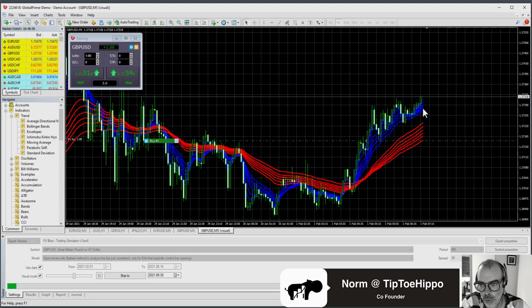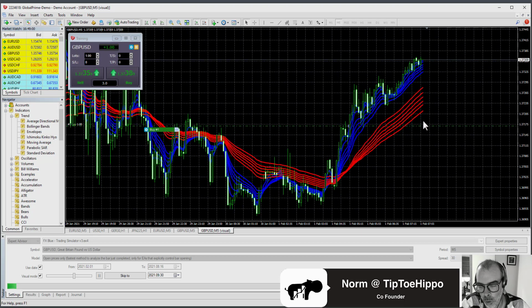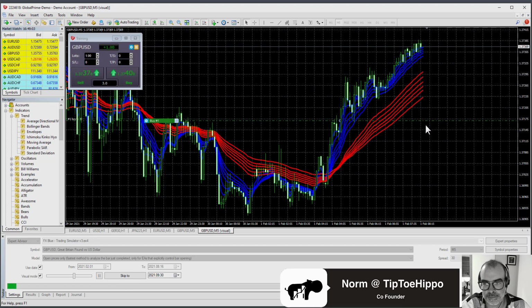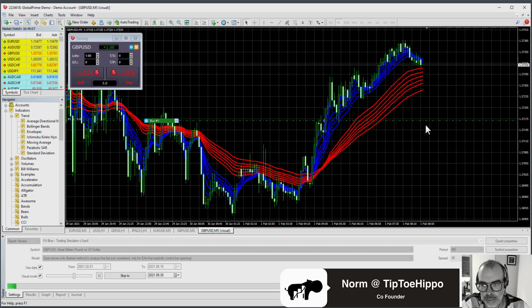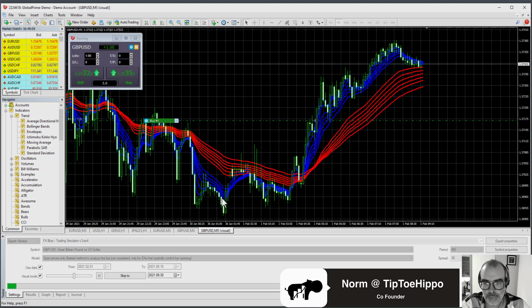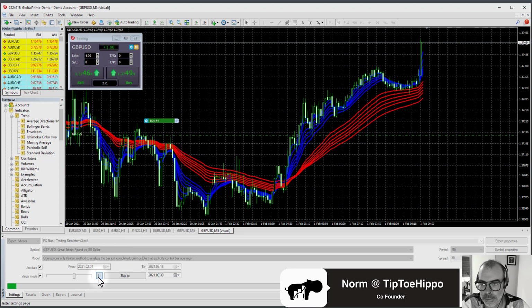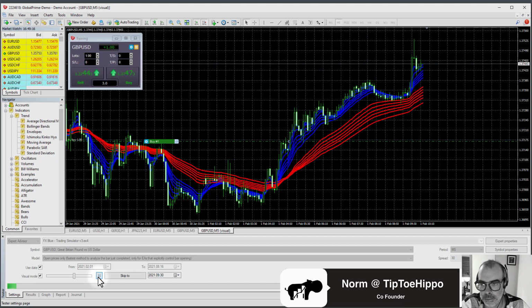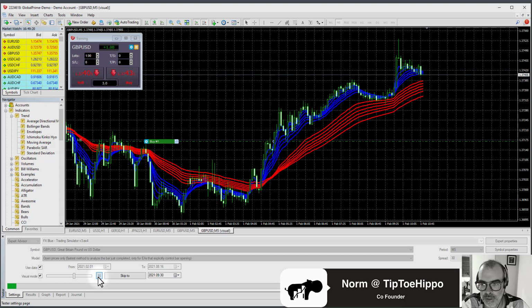And we're looking for all the blue moving averages to fall below all the red moving averages. So at the moment we're still in an uptrend. It's coming down slightly, but the blue ones haven't dropped yet. So along we go. Oh, a big pop-up. We're in some nice profit here.